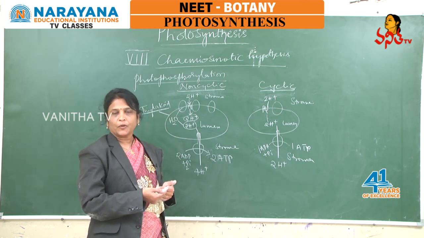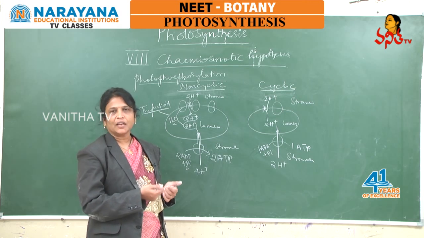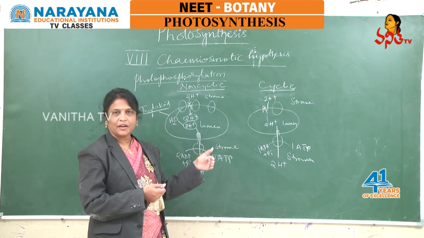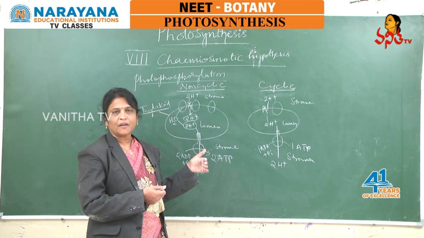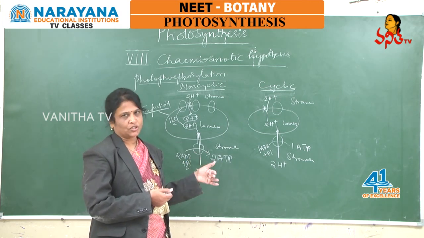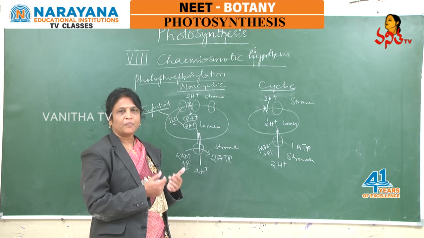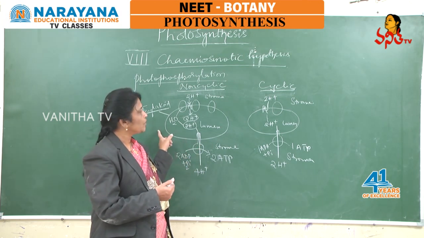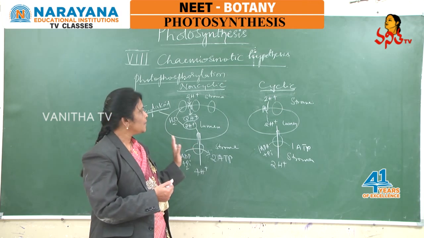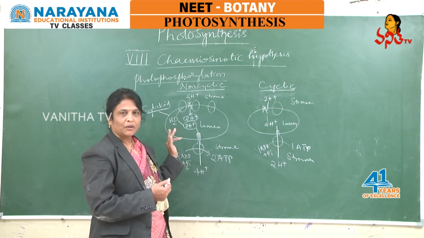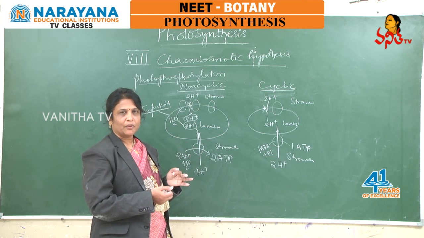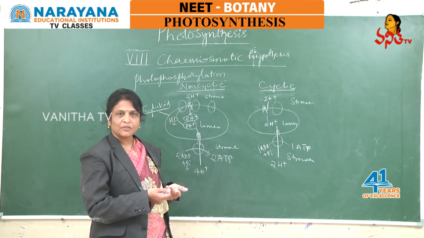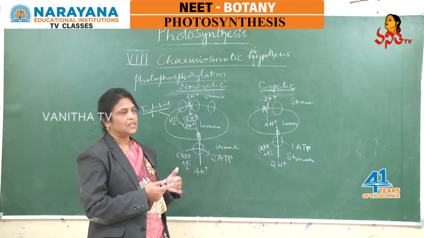Because we already followed how light induces the electron transport mechanism, and during non-cyclic electron transport, electrons are added to stroma, causing the reduction of NADP plus to NADPH. So NADPH formation is clearly explained by the electron transport mechanism, particularly in non-cyclic. But how does that electron transport cause proton translocation, and how does proton translocation promote ATP synthesis?